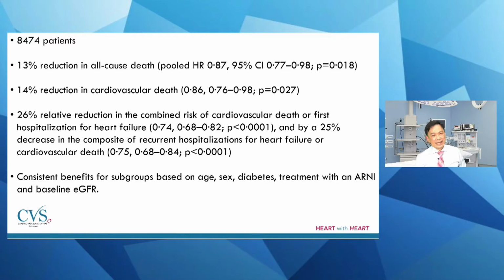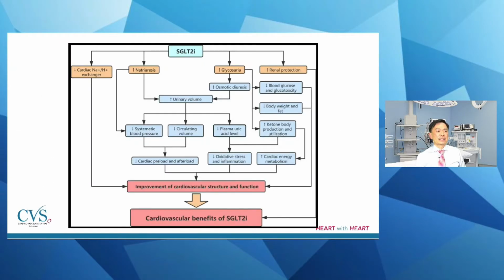So, again and again, you will see that all the SGLT2 trials show about a 25 to 35% reduction in hospitalization for heart failure. It shows, again, a reduction in cardiovascular deaths.